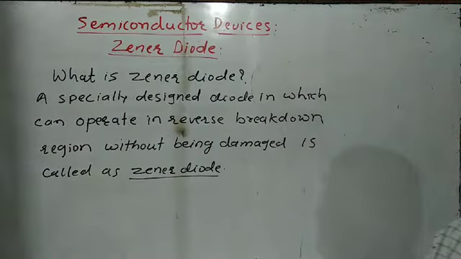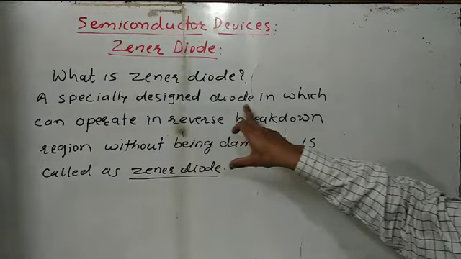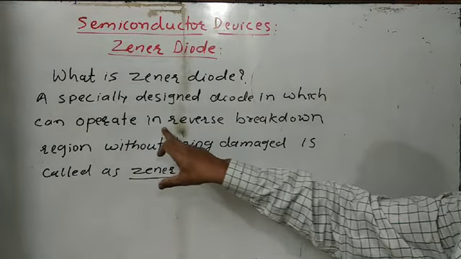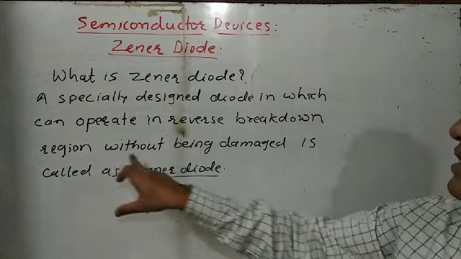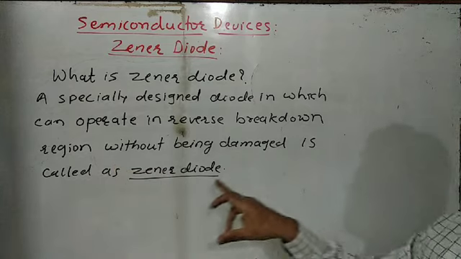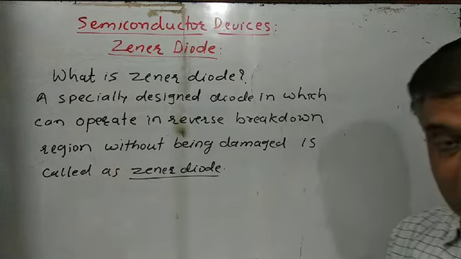What is a Zener diode? A specially designed diode which can operate in the reverse breakdown region without being damaged is called a Zener diode.